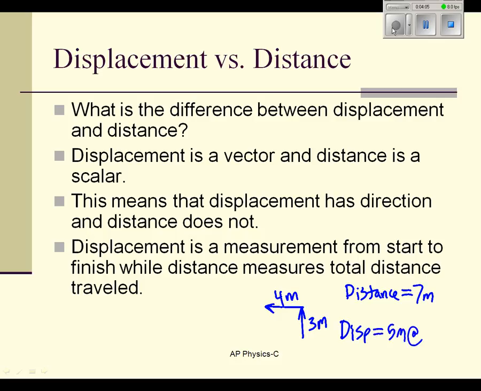And if we were to measure that angle, come up here and figure out what this angle is right here, in this case, opposite the 4 meters, it would be at an angle of 53 degrees from that north line.